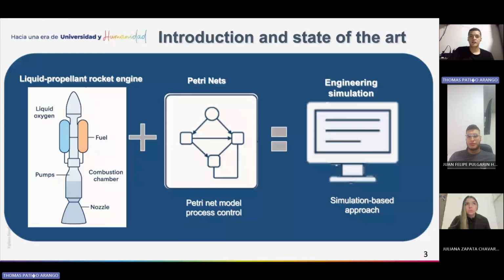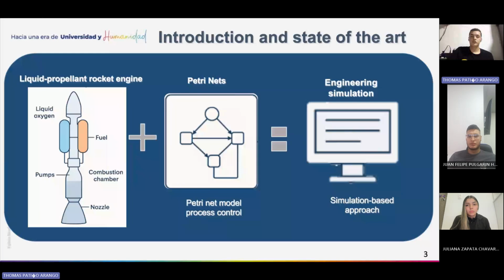These tests are complex and expensive, with parts like valves, sensors, and computers. So engineers use computer simulations to check how the system works before building it.